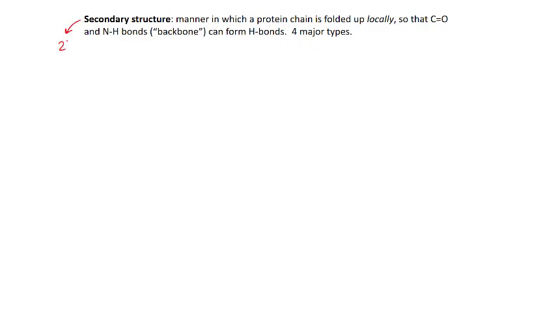Secondary structure, we can abbreviate it as 2 with a degree sign. Secondary structure is the manner in which a protein chain folds up locally so that the CO and NH bonds of the peptide bond can form hydrogen bonds. Secondary structure, in other words, refers to the pattern of hydrogen bonding between peptide bonds in the protein chain.